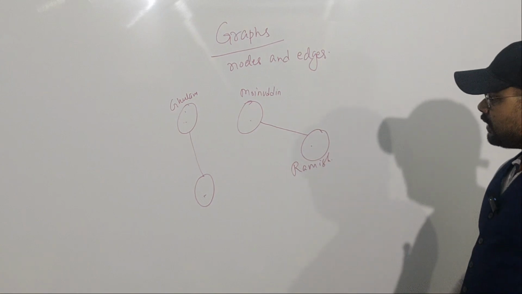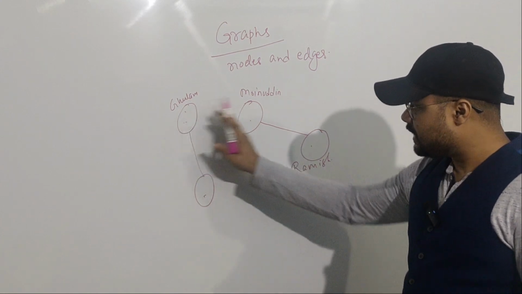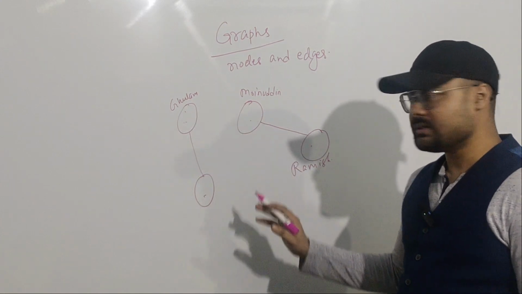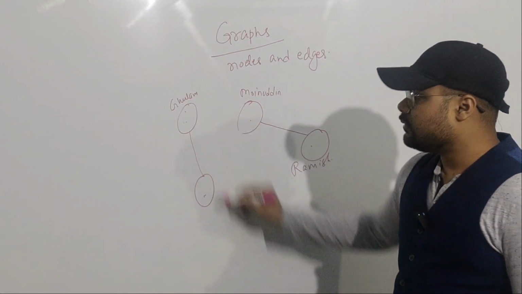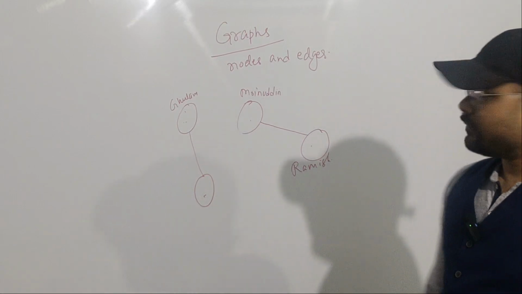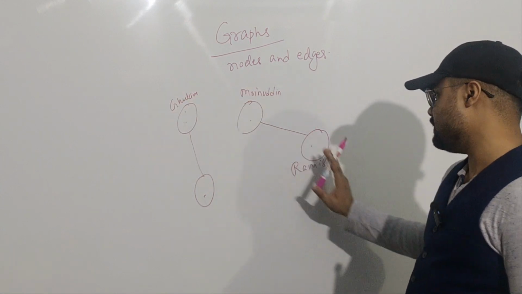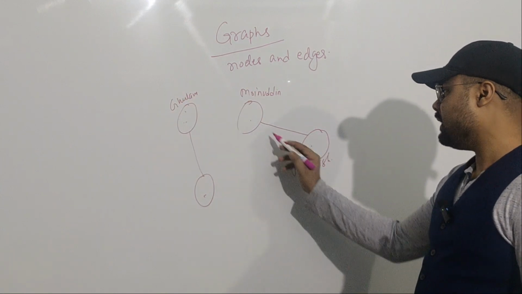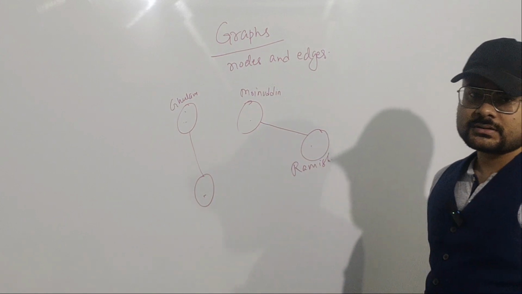Now the nodes are representing people, and if there is an edge between two nodes, it means they are friends. So this is one user Gulam, Moinuddin is another user, Ramesh is another user, and if there is an edge between Moinuddin and Ramesh, it means they are friends.